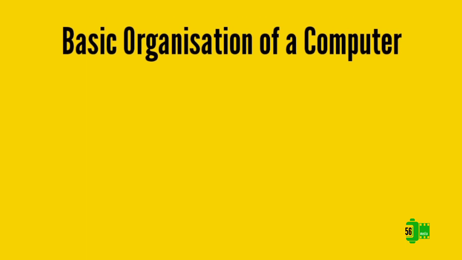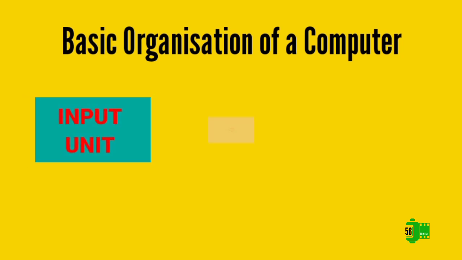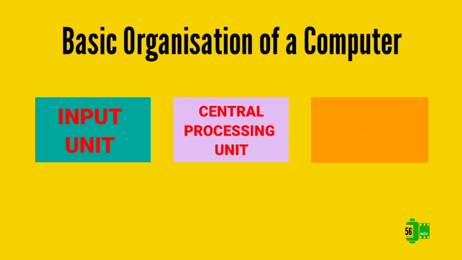Next is the basic organization of a computer. There are three important parts of a computer: input unit, central processing unit, and output unit.